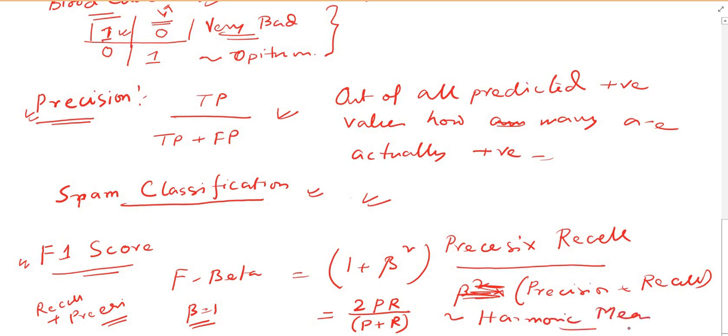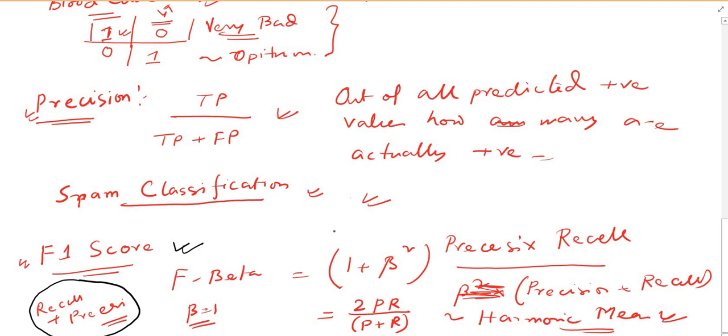We use this when both recall and precision are important to our scenario, our data example. So if both are equally important, we will calculate the F1 score and judge by this.